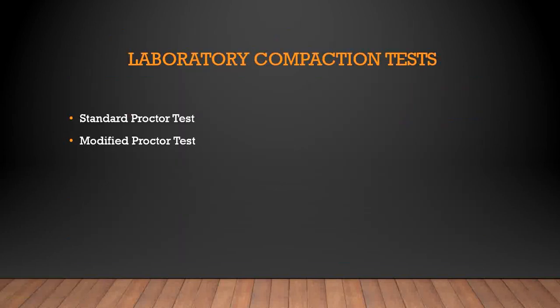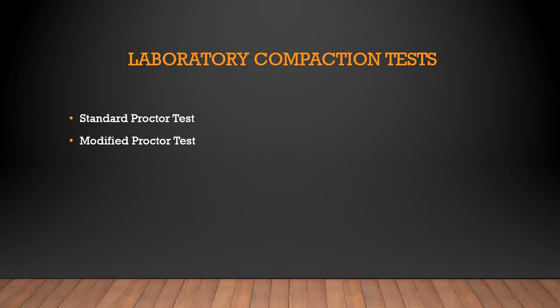Now next we will see the various laboratory compaction tests. The compaction characteristics like maximum dry density and optimum moisture content are first determined in the laboratory. It is then specified that the unit weight achieved through compaction in the field should be a certain high percentage of the laboratory value for quality control of the construction.